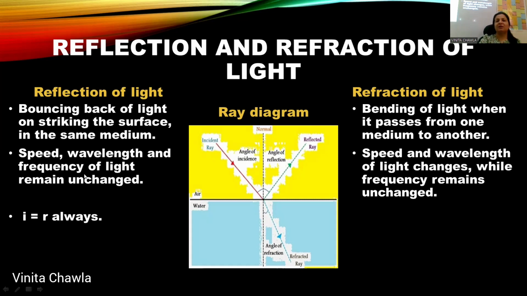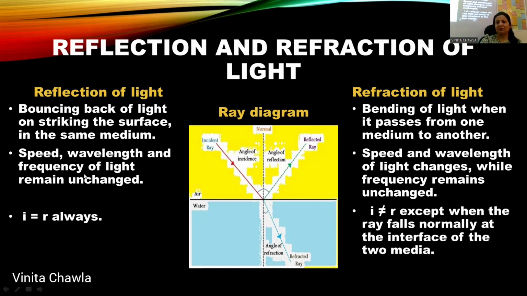In case of reflection, angle I and angle R are always equal. And here, in case of refraction, I is not equal to R. In this particular case, we can see that I is greater than R. And there is only one case when angle I is equal to angle R, and that is when light falls normally at the interface.